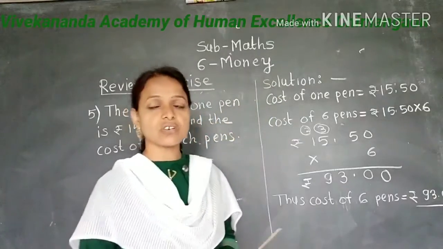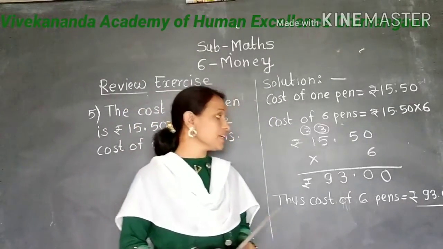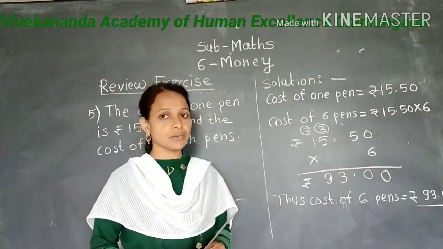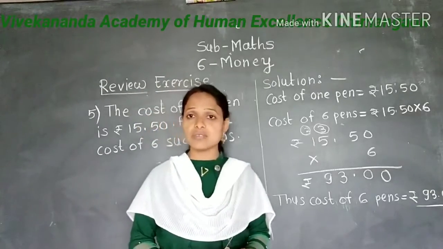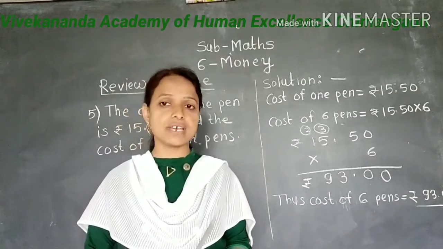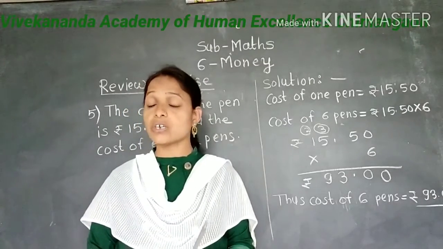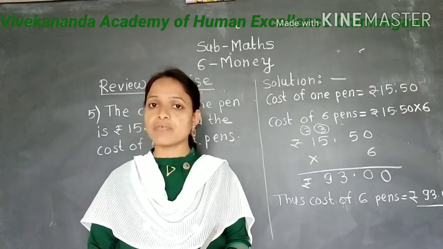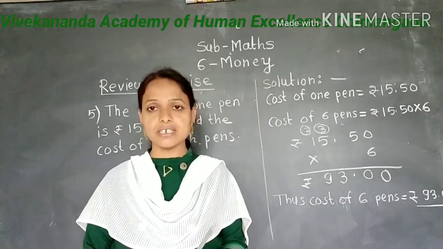Understood how to find the cost of 6 pens, by multiplying 15 rupees 50 paise by 6? In this way, we have solved all examples from the review exercise. Okay, you also solve this type of example and practice more.